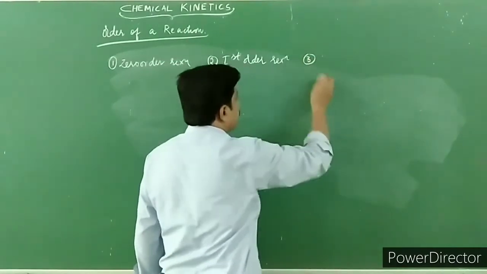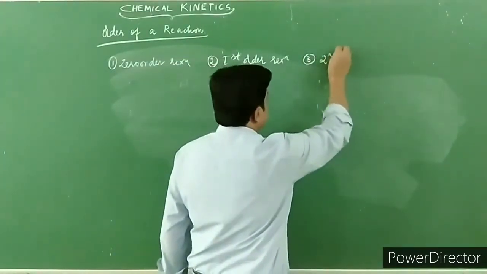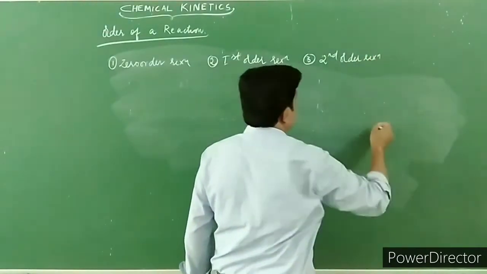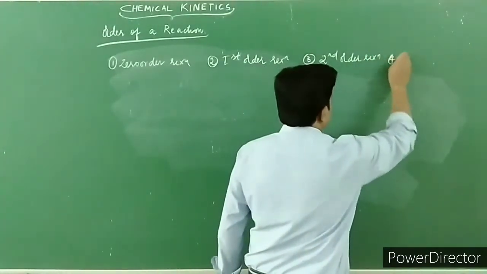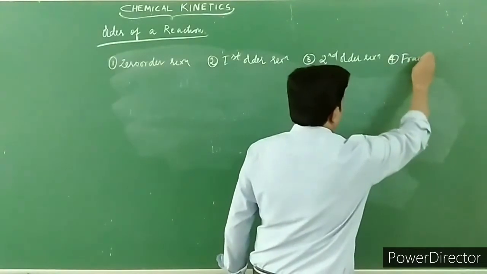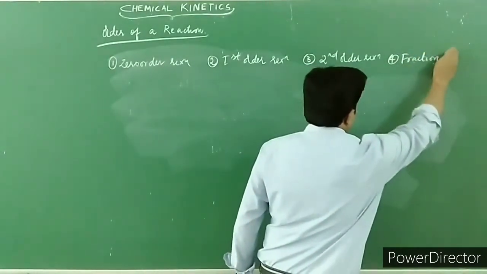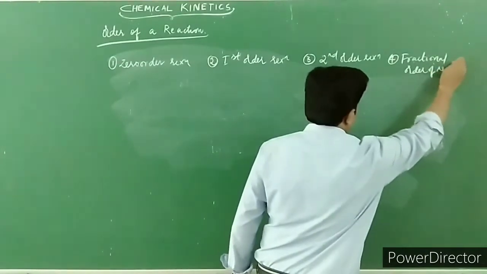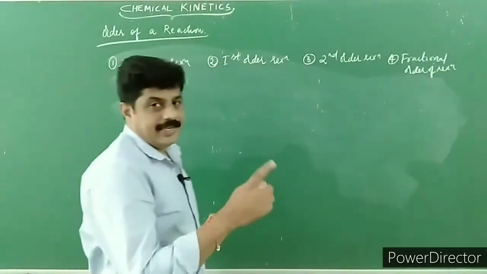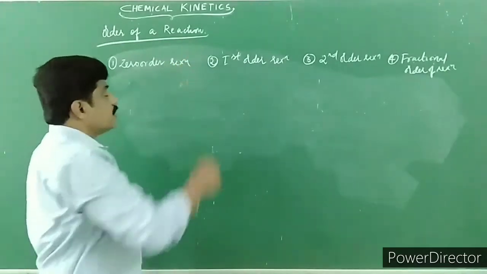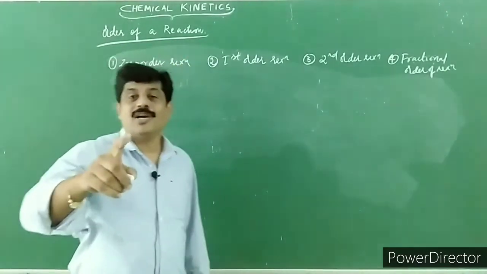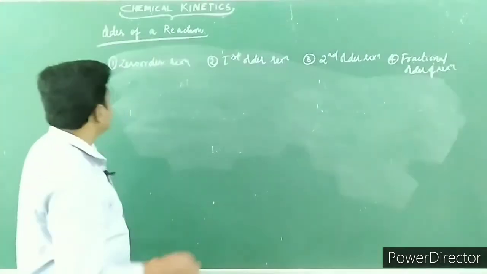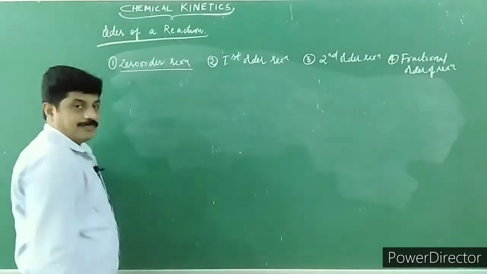Number 3, second order reaction. Number 4, fraction order of a reaction. Children, I said this classification of order of reaction is based on the value of a numerical coefficient. Let me take up the first one, zero order reaction.